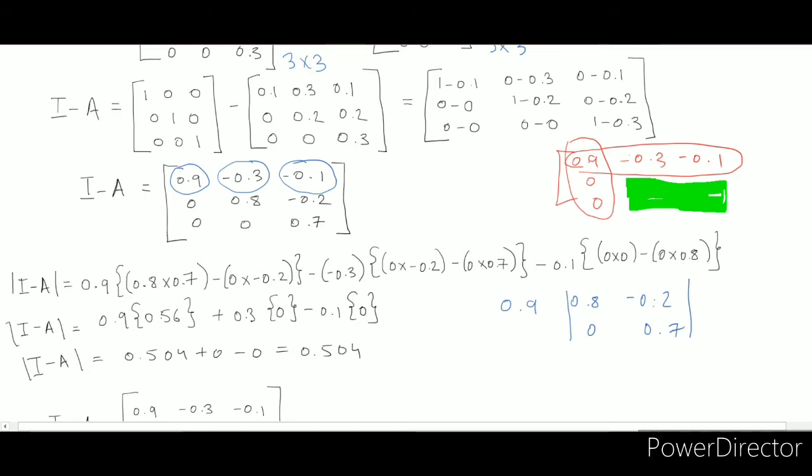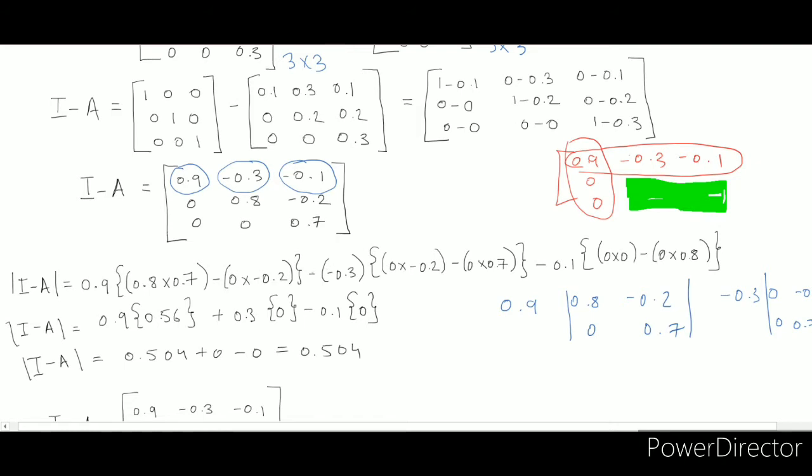Similarly, if you're using minus 0.3, which falls under the second row and the first column, you remove the elements in the second row and the first column. The elements left are called the minors, and if you cross multiply these elements, you get a subdeterminant, and then you multiply it with minus 0.3. So these are the minors of minus 0.3.